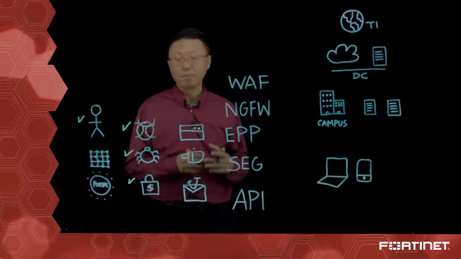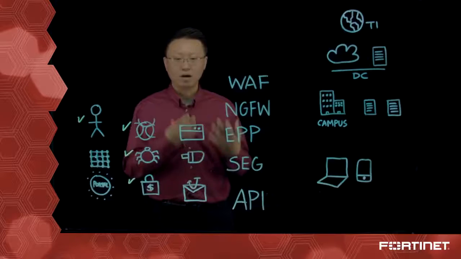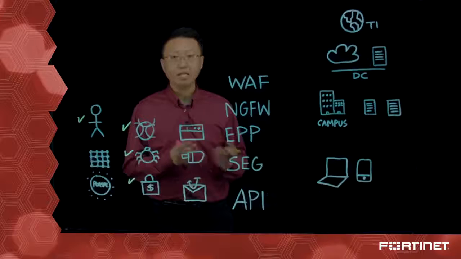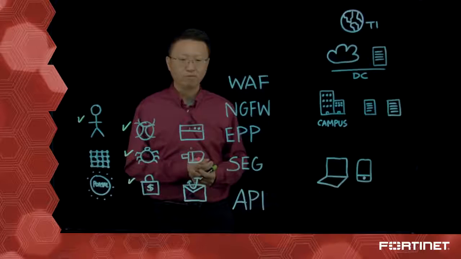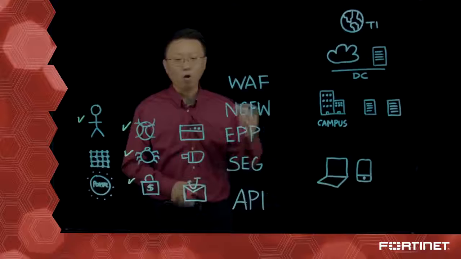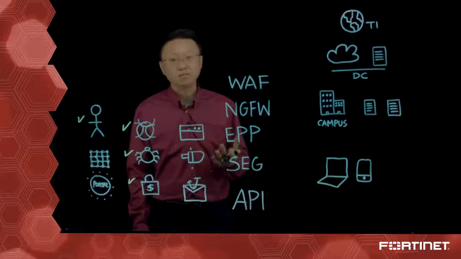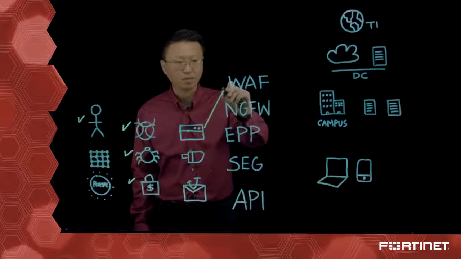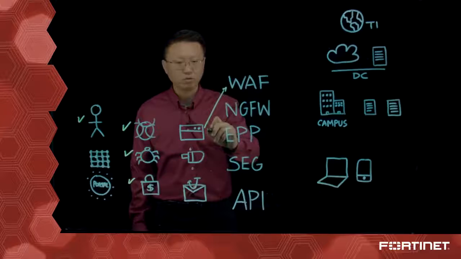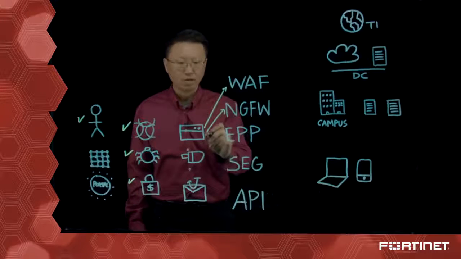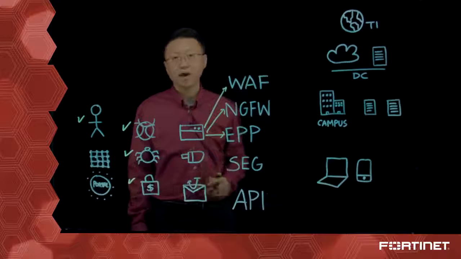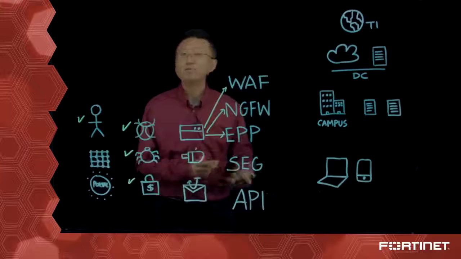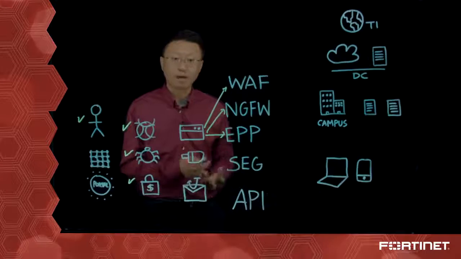You also have maybe malicious content hosted on the website that can deliver these types of malware, or hosting files on these websites. And typically, that can be protected with inline security controls like your WAF, your next generation firewall, or your endpoint protection platform.